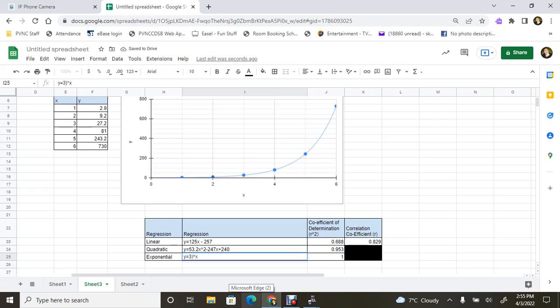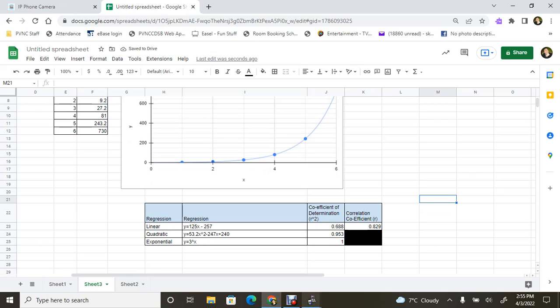Actually, that 1 just means it's just 3 to the x, so it doesn't really matter. In this case, it's just y equals 3 to the x, you don't need the 1 in the front. Now, which is the best? The best is the one with the coefficient of determination closest to 1. So this one's the best.